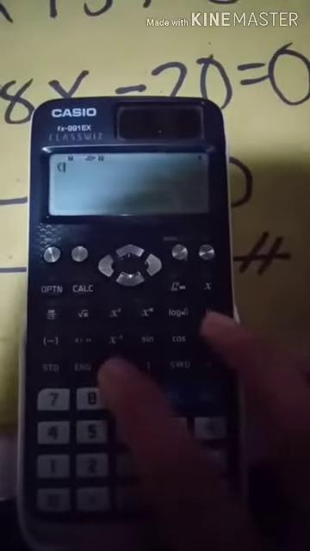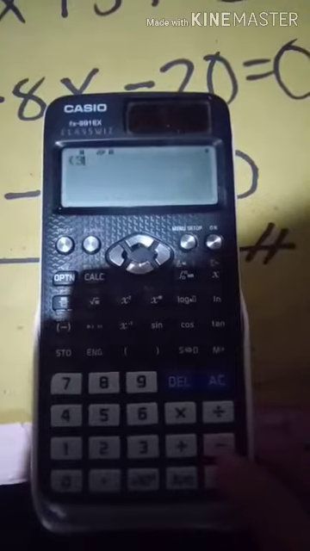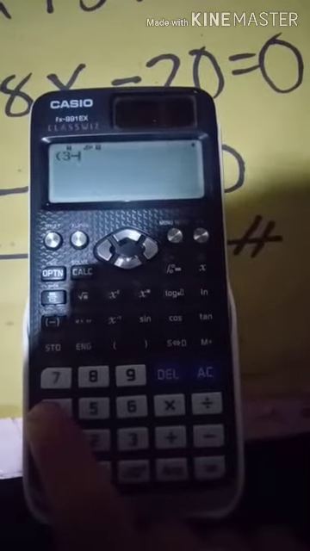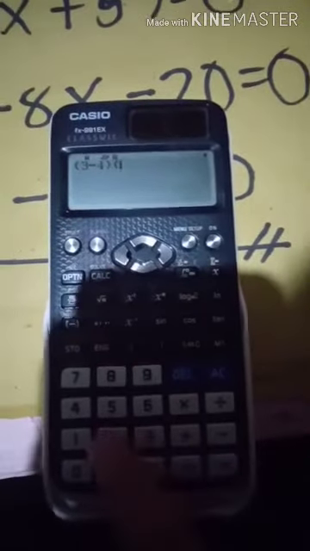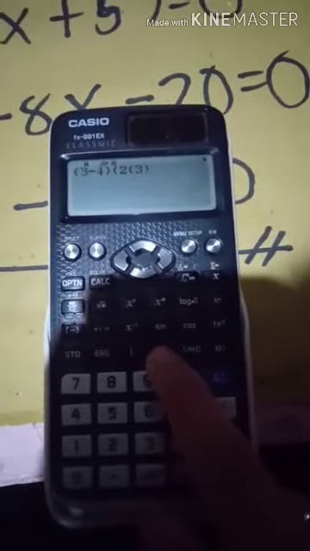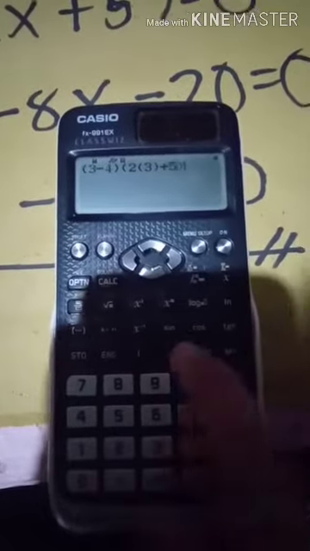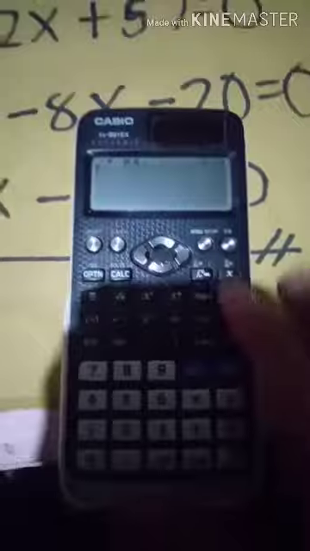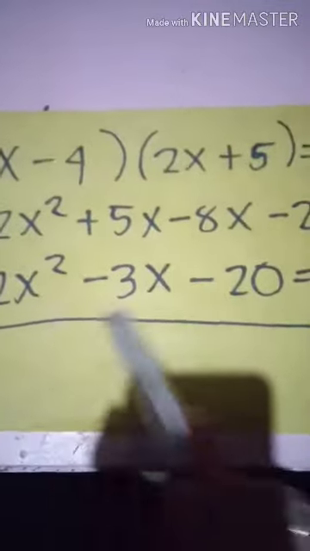So open parentheses 3 minus 4, since we assume x is equal to 3, times 2 times 3 plus 5. So the answer is negative 11.